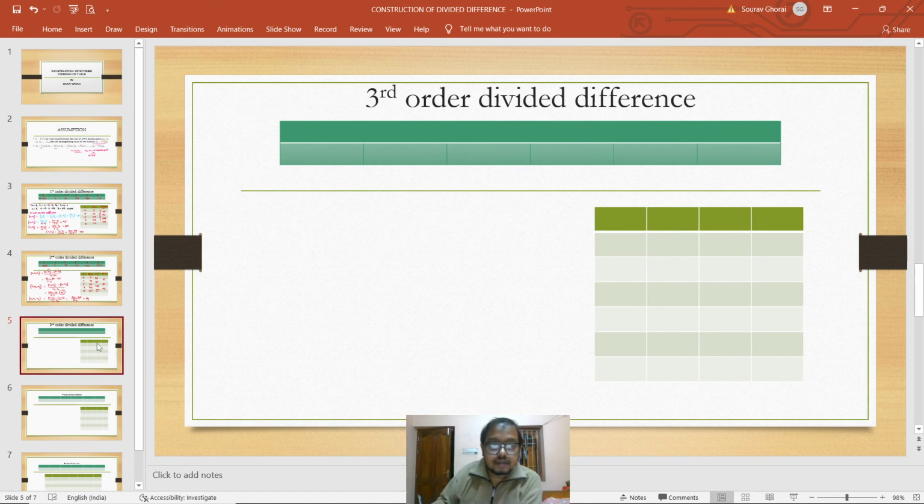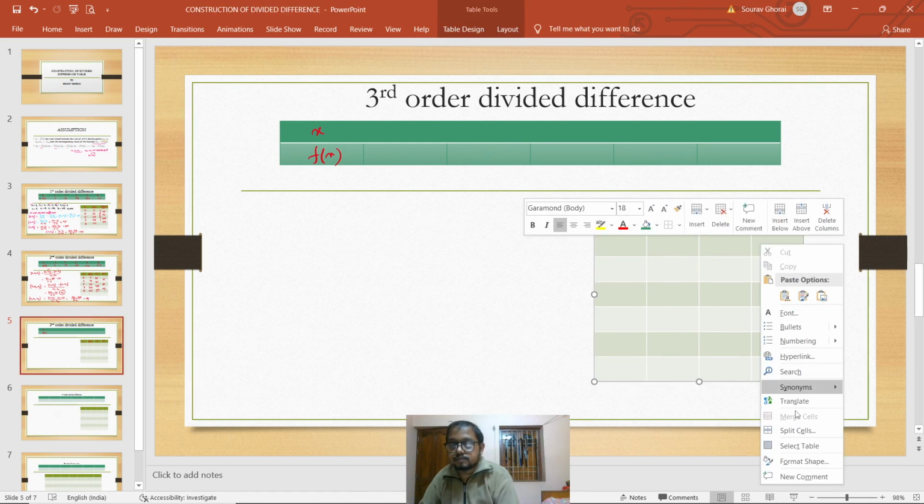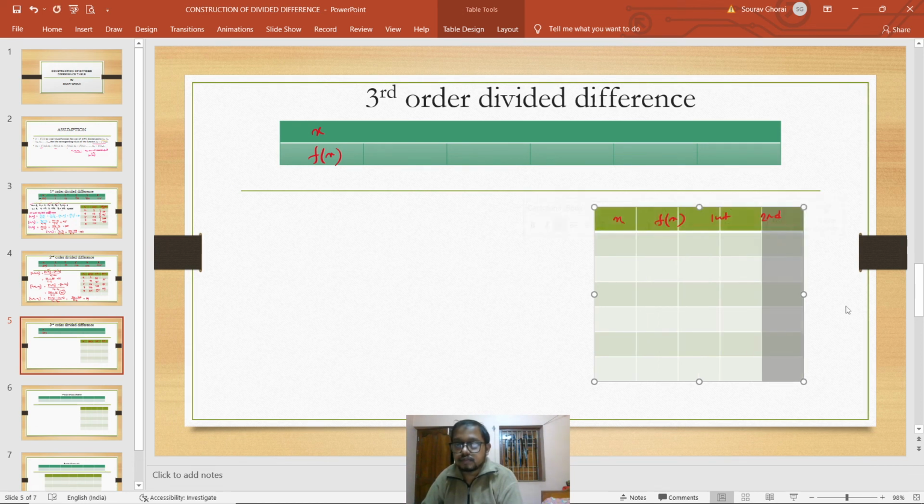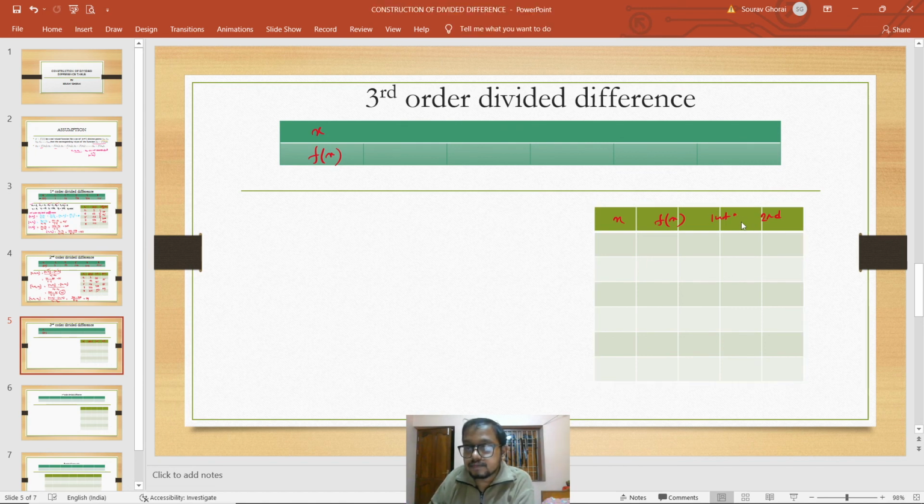So here similarly this is the value of x and f(x). Actually these are all the same, so I am not rewriting them, but for your convenience I will write the first order, second order, and here we have to insert columns to the right. This is the second and this is the third.